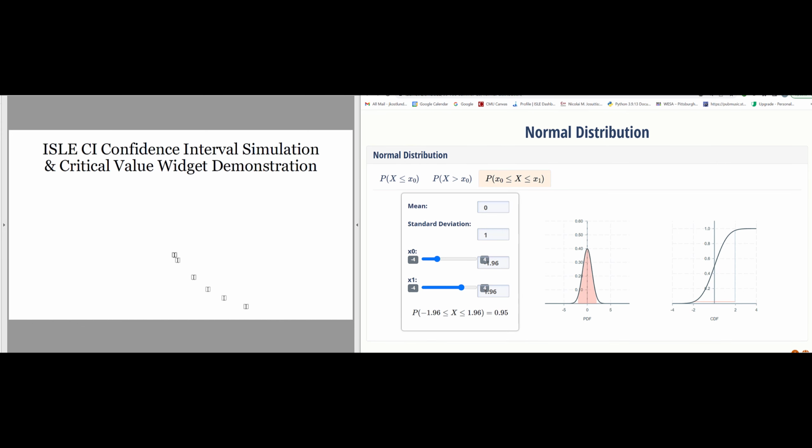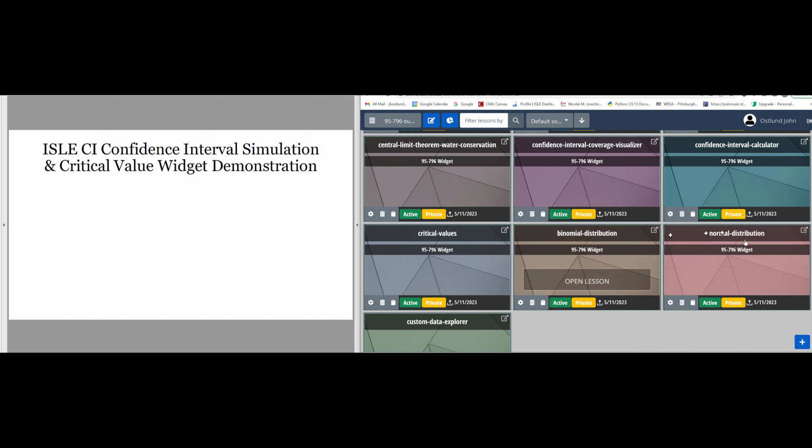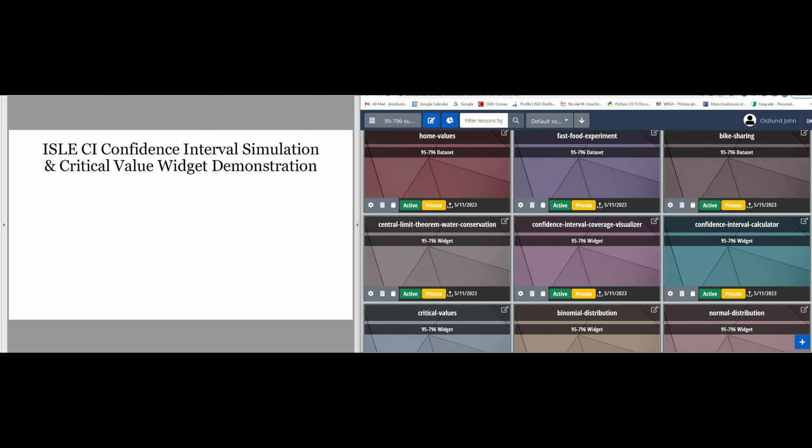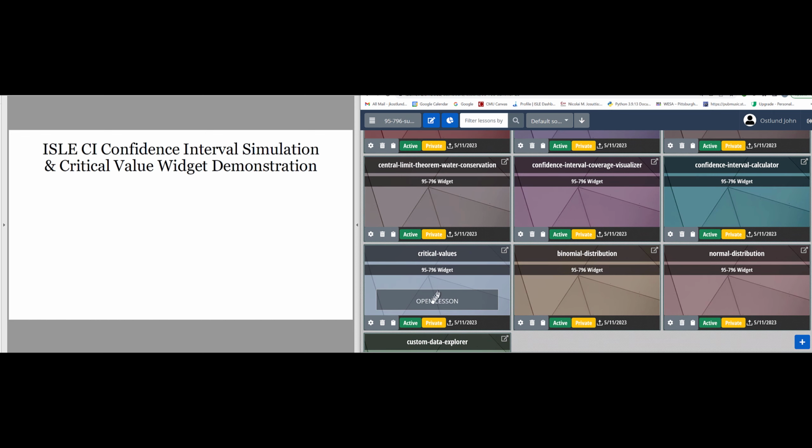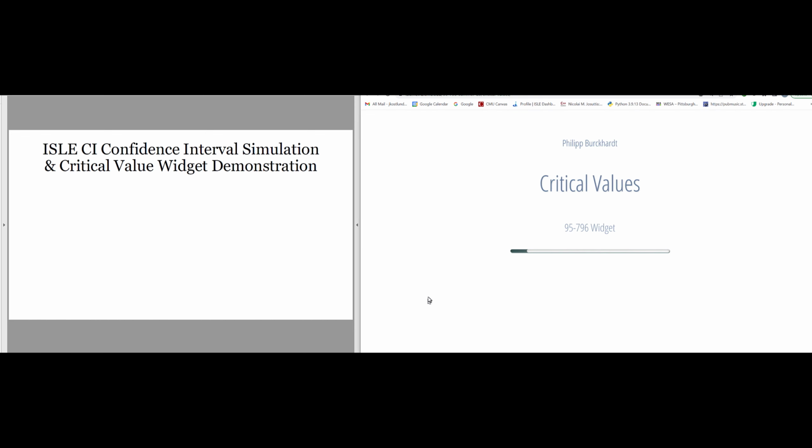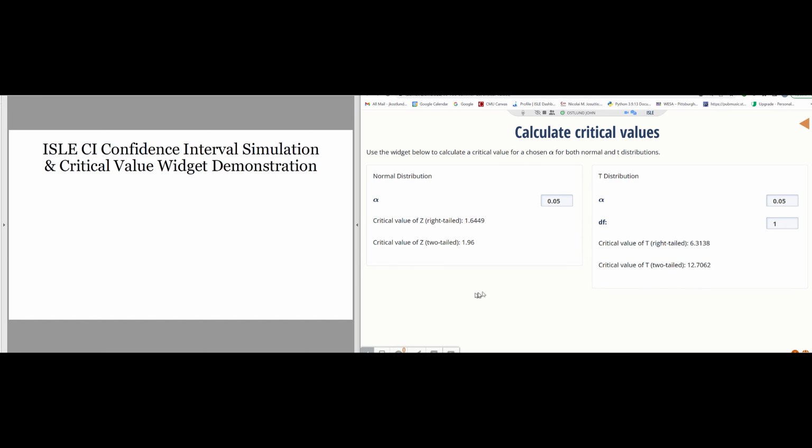All right, so let's take a look at using the critical value widget and at how to compute confidence intervals using it. I'll go back to my collection of widgets. Okay, so I've got data sets, I've got widgets. Here's my critical value widget. I pop that open. All right, we want a 95% confidence interval.